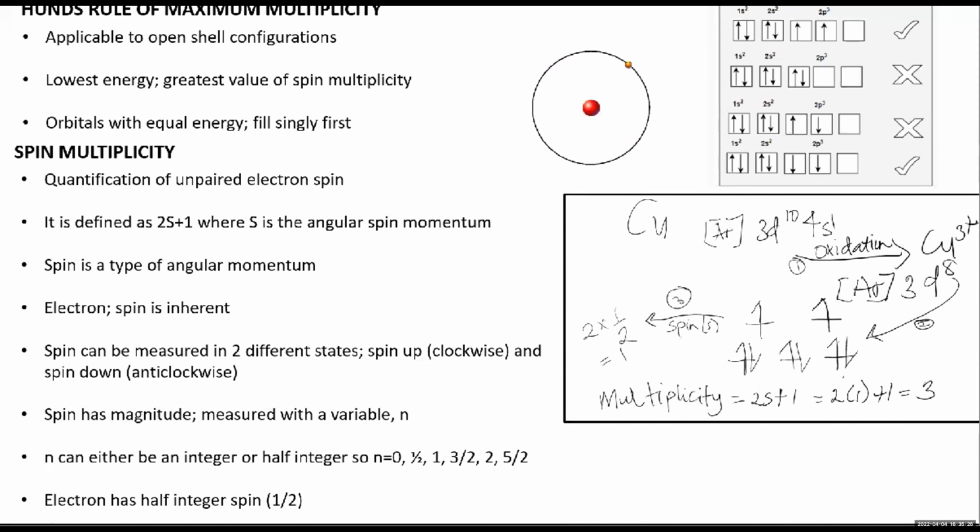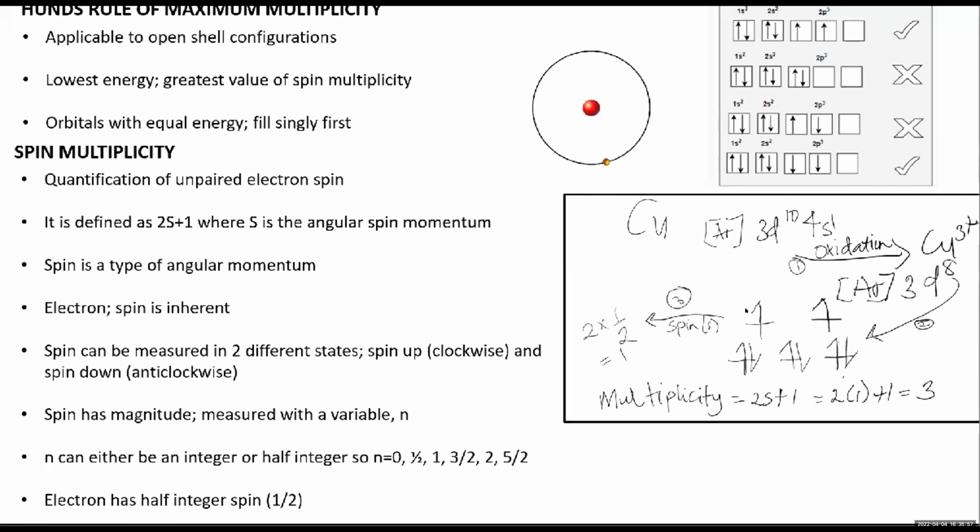And here I'm just showing an example of the case of oxidation. So you have copper with this electronic configuration, and it undergoes oxidation and carries a 3+ charge. A 3+ charge would have 8 electrons in the d orbital instead of 10. And this is exactly how you would fill up the energy levels. Instead of putting these 2 into 1, you would do 1 first and then the next one second.